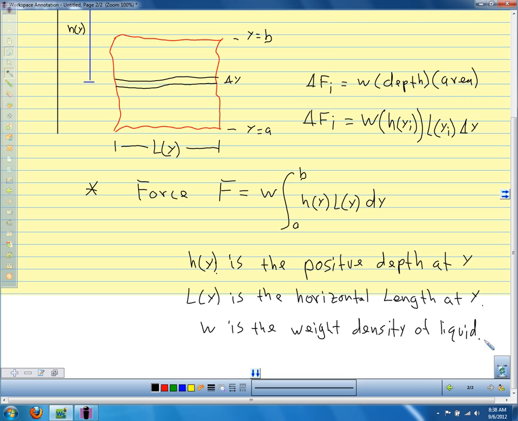So it's a similar argument to what we used for work, and for moments and centroids. We're dividing whatever we're interested in into little rectangles and summing the force of those little rectangles as we move along that surface. So, questions on our development here of what we're doing and how we're coming up with our analysis?